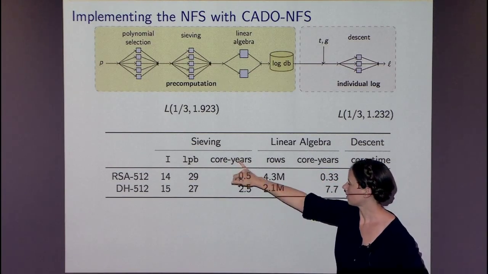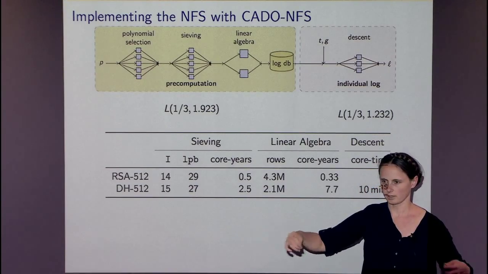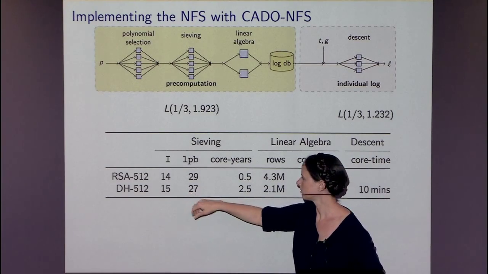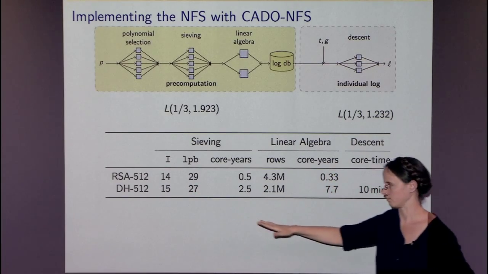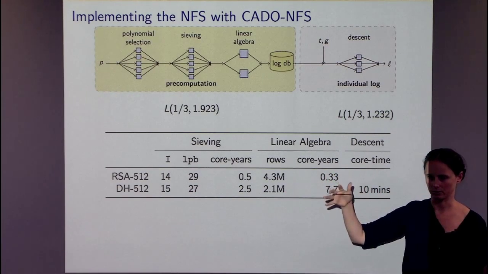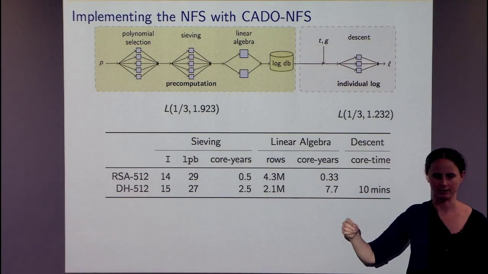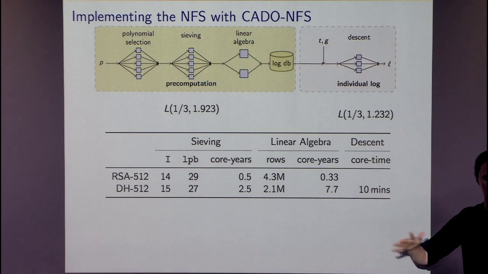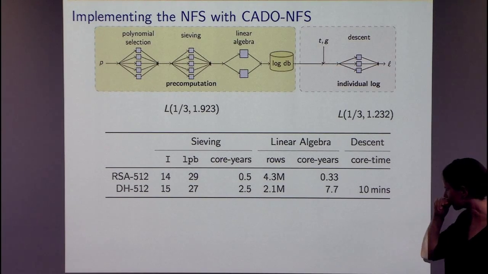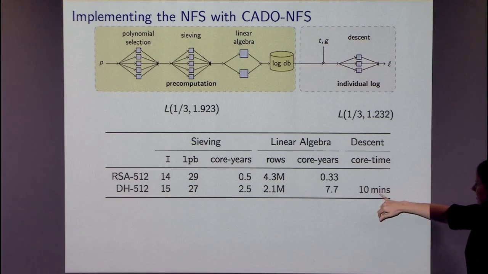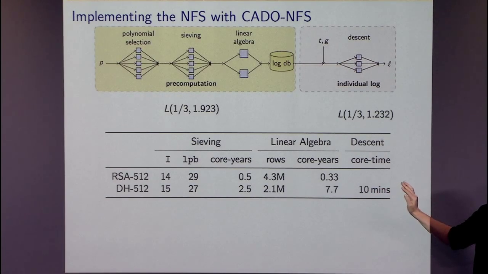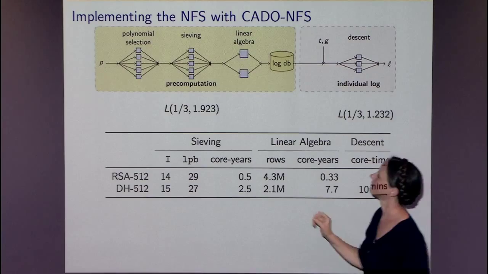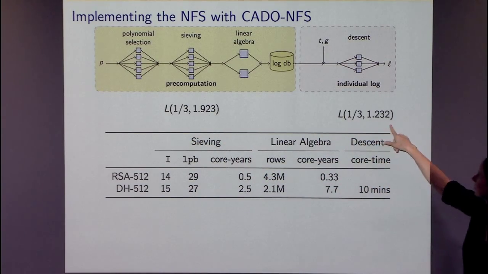So you can actually do more sieving and make sieving more difficult for you by decreasing the size of your large prime bounds, for example, in order to decrease the size of your matrix to compensate for the fact that you have to do all of your arithmetic mod some q, which is larger than 2, rather than just mod 2. And then the descent is about 10 minutes of core time. So this gives you some idea of what concretely it means to have L of 1/3 with 1.9 versus L of 1/3 with 1.2.